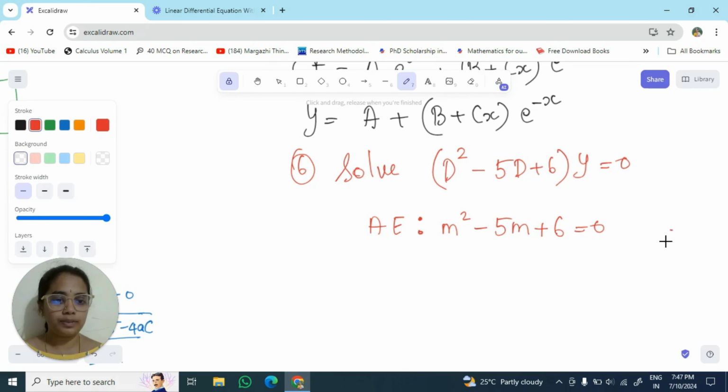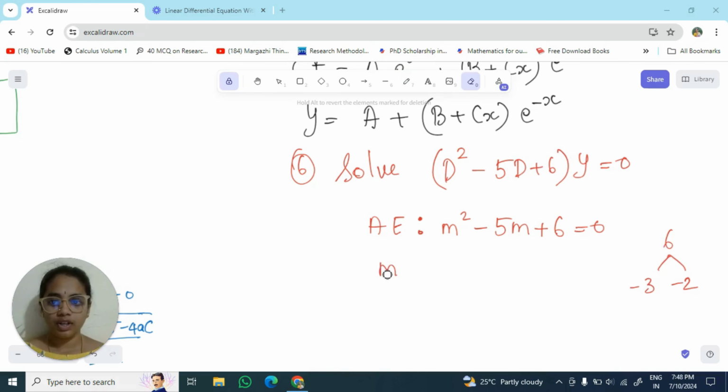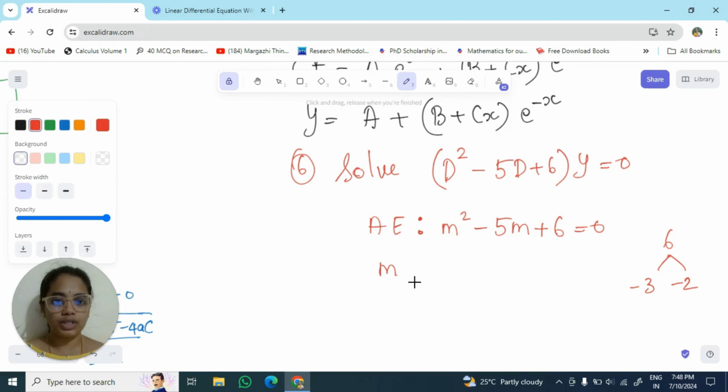I can just split 6 as 3 2s are 6. Yes, 3 plus 2 is 5 and the sign has to be negative. So clearly we can write it as m minus 3, m minus 2 is equal to 0. Equate each term, we would get m is equal to 3, 2.